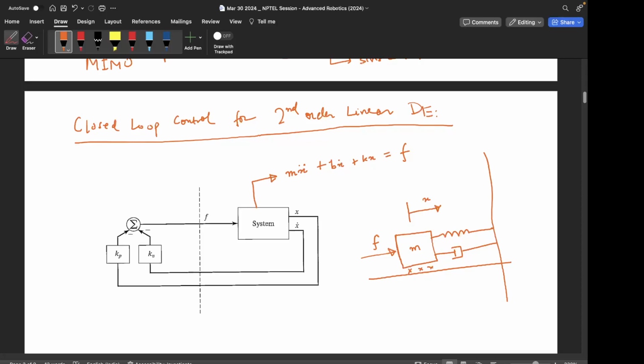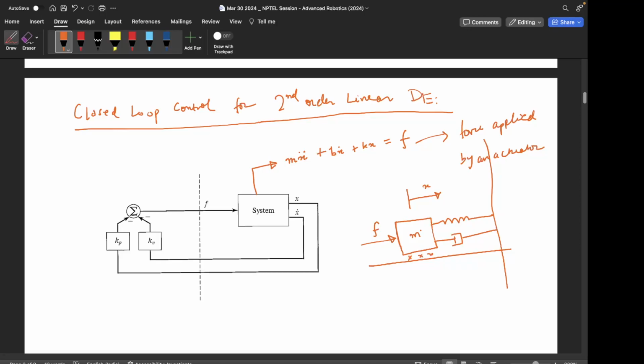So now F is the force applied by an actuator. So the very first thing we will see is trying to maintain a certain given position of the block, right?